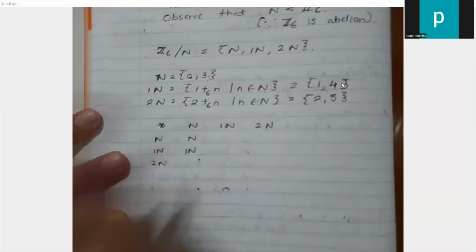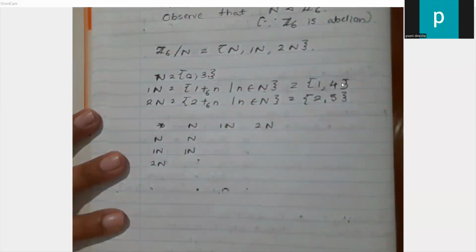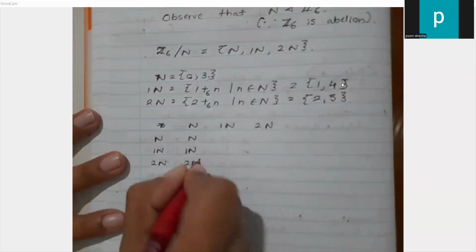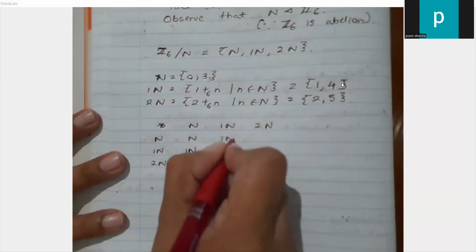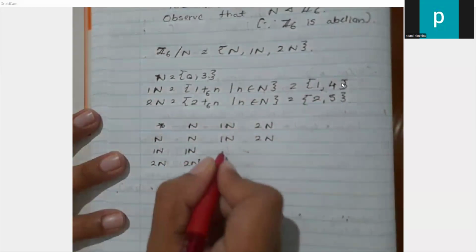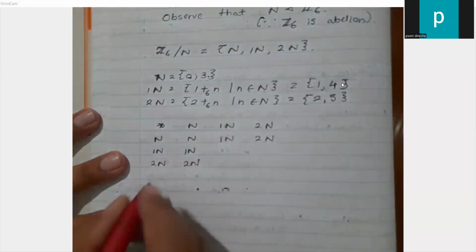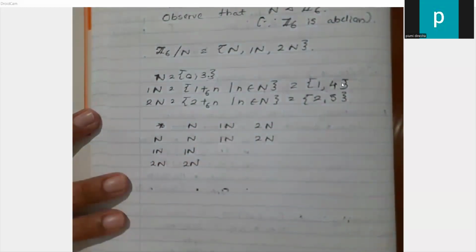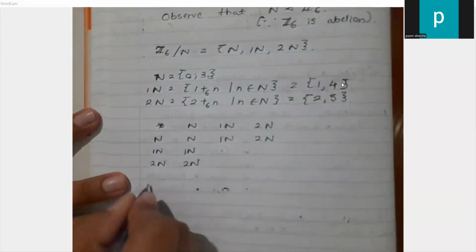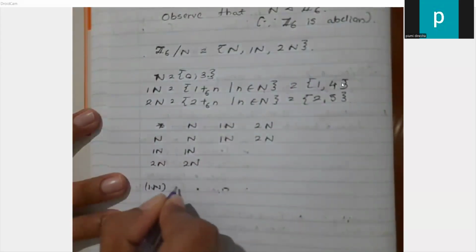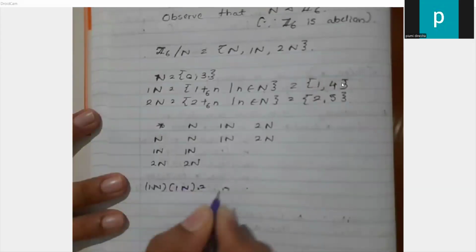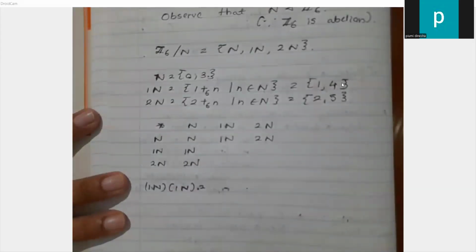This is because N is the identity, as we have seen from the previous proof. This is 2N. If you go along this row, we once again get all these elements. Now to get this element, 1N star 1N.